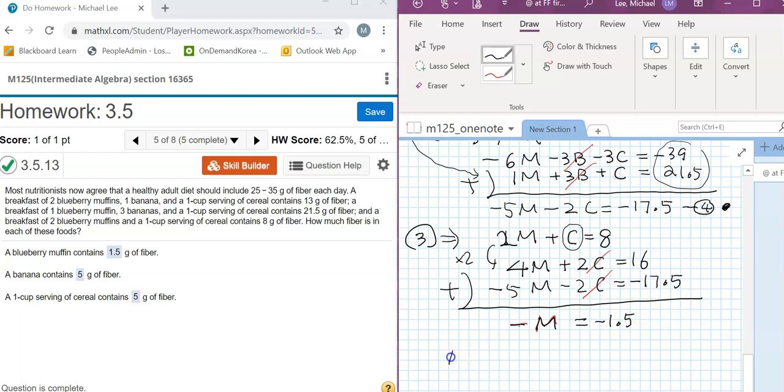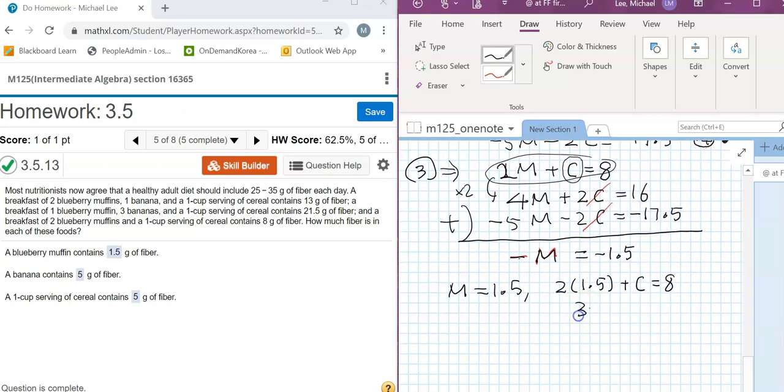That means m equals 1.5. So 1.5 grams of fiber in one muffin. Okay. So m equals 1.5, then I can get c from here. 2 times 1.5 plus c equals 8. That means 3 plus c equals 8, then c equals 5. I have muffin 1.5, cereal equals 5.